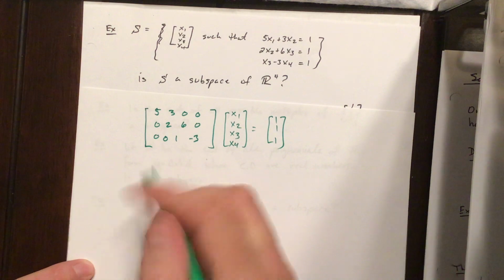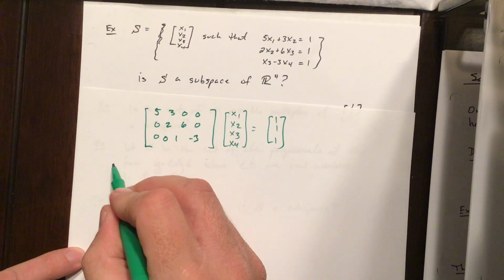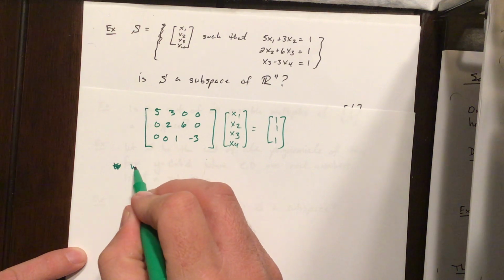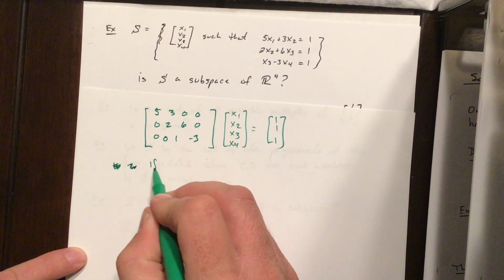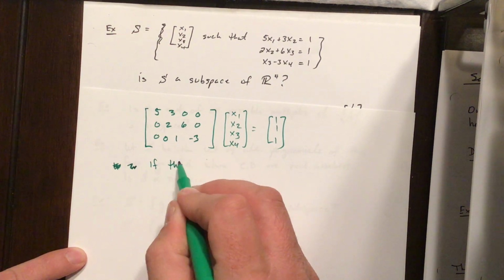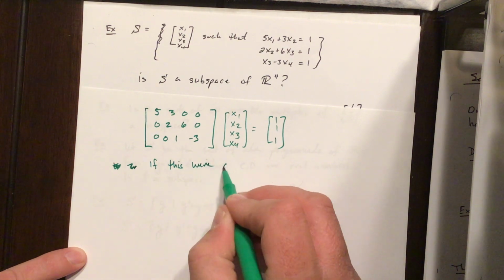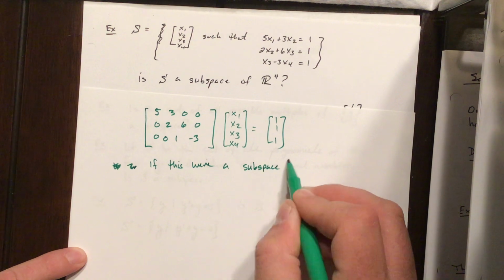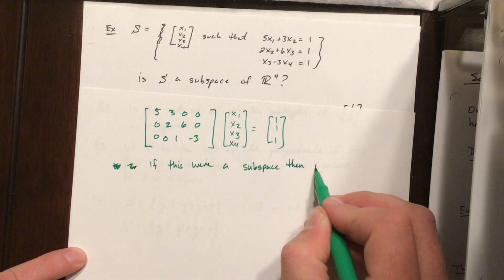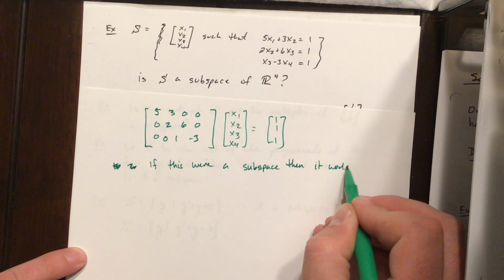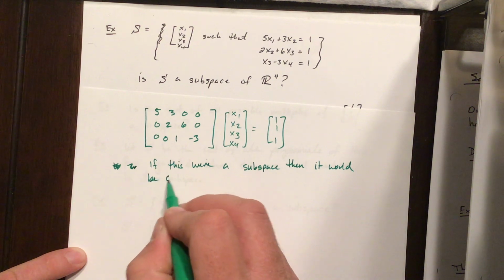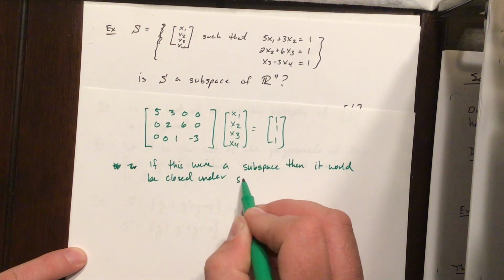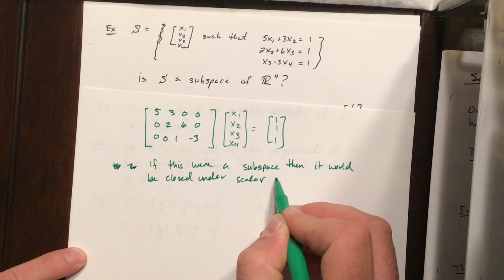We know if this were a subspace, then it would be closed under scalar multiplication.